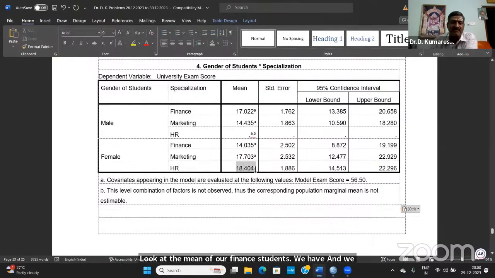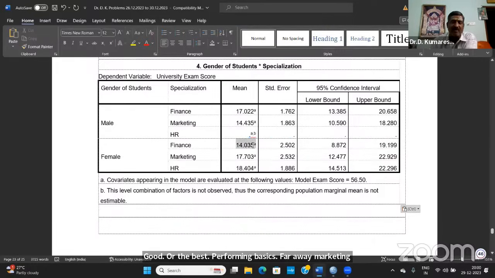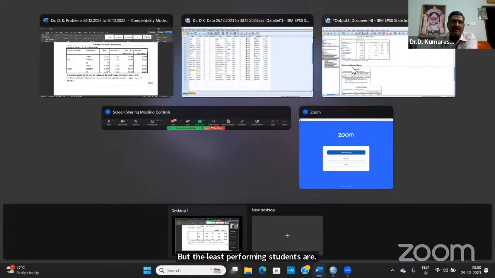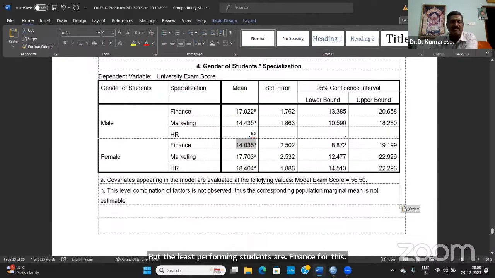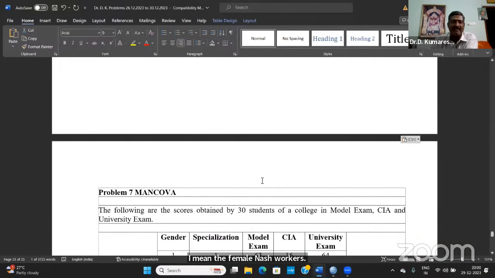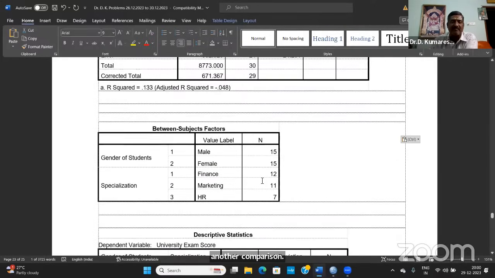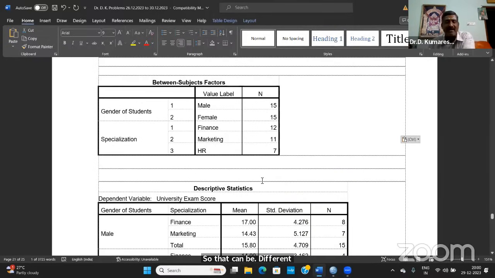HR students are the best performing female students, followed by marketing students. But the least performing students are finance students. I mean, the female finance students. Okay. So this is another comparison. So there can be different comparisons to be made at the advanced level.